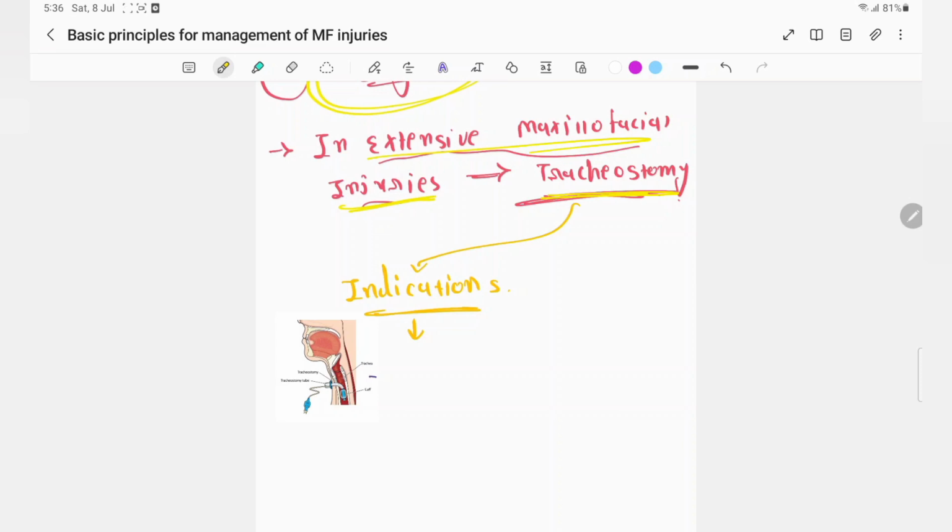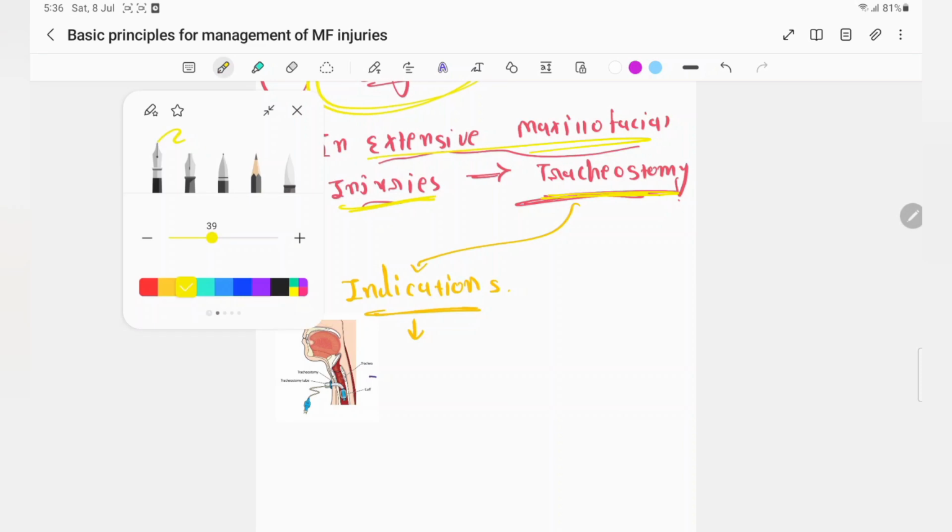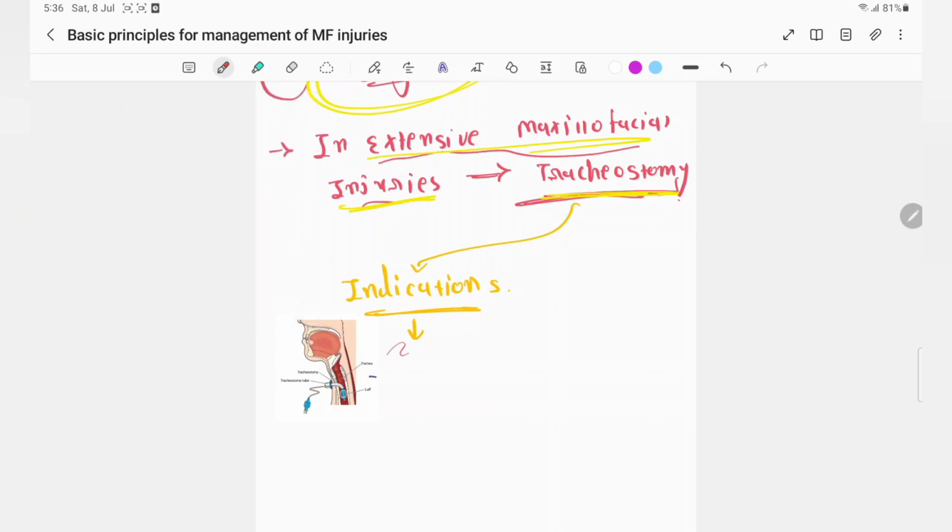So in tracheostomy we have some indications. First is lack of tongue control. If the patient cannot control his tongue, then we have to go for surgical intervention.